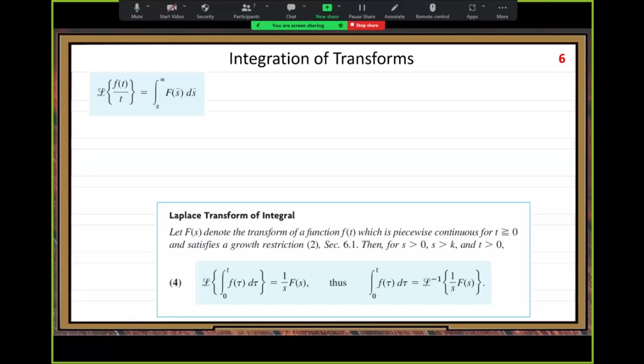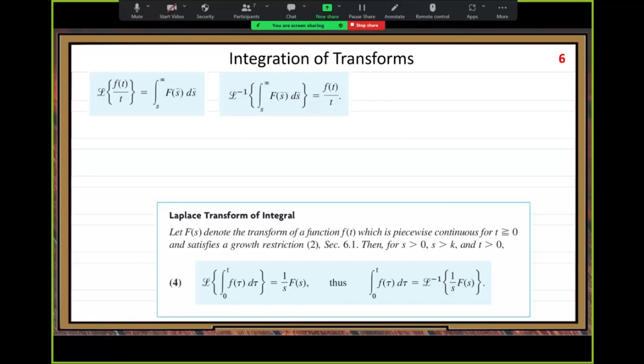For the Laplace transform of f of t over t, in the time domain there is no integral; it's a division by t. But in the s domain, you take an integral. That's the formula, and you also have the inverse Laplace transform version.